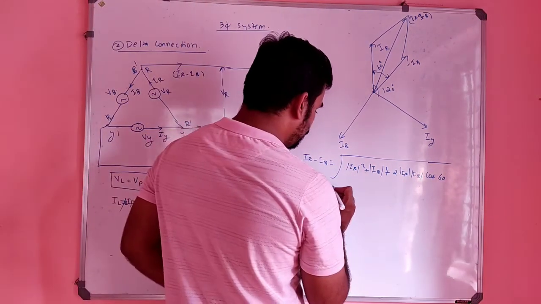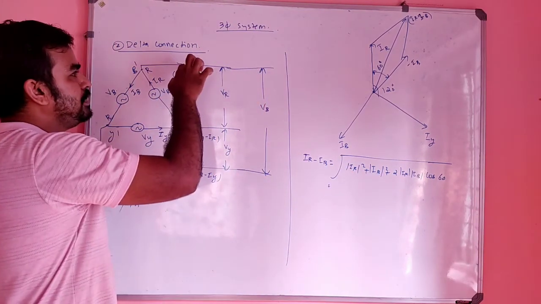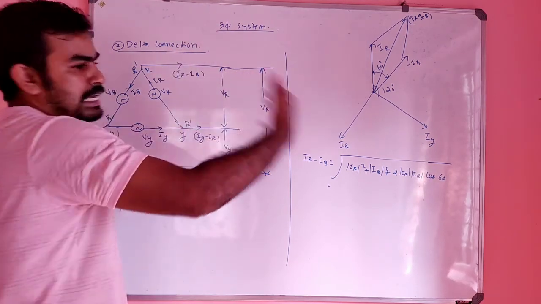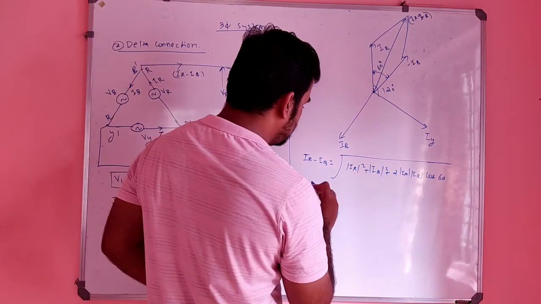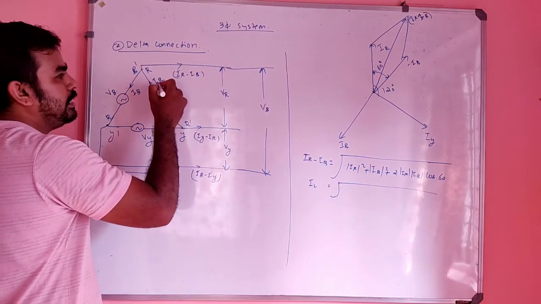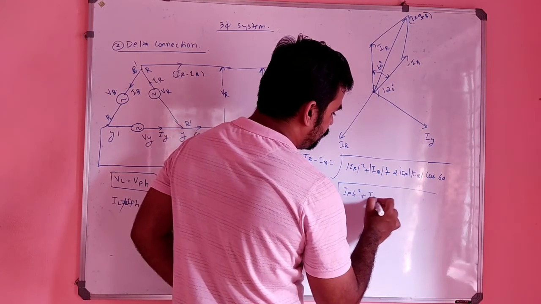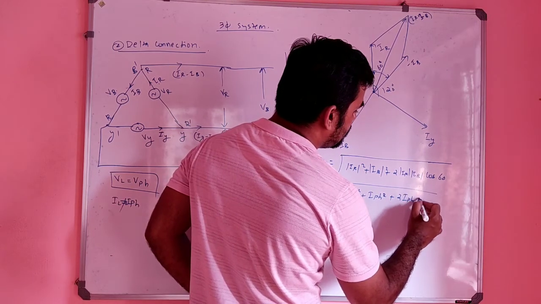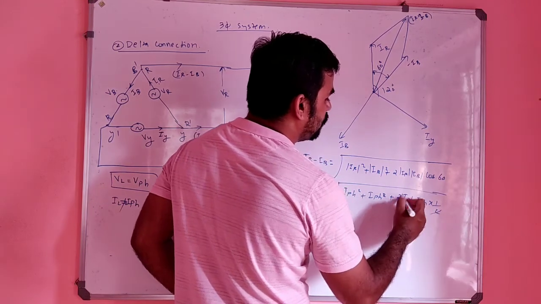IR minus Ib is nothing but the line current, because external to the generator all are lines. So IL equals, what is IR? Here it is the phase current. So it will be I phase squared plus I phase squared plus 2 into I phase into I phase into 1 by 2, because cos 60 is 1 by 2.